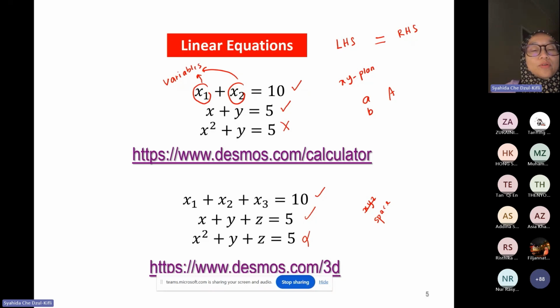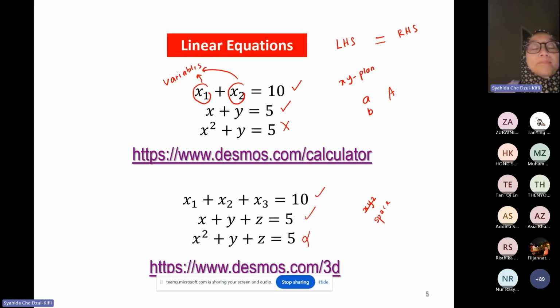Okay, so far we determined whether these 6 equations are linear or not by looking at their graphs in 2-dimensional and 3-dimensional. But we need to know the general form of linear equations.